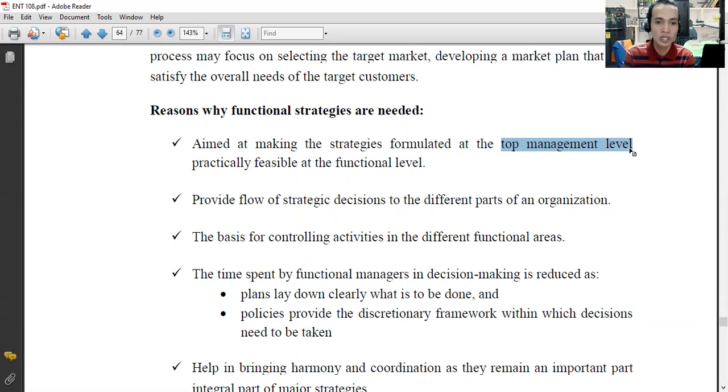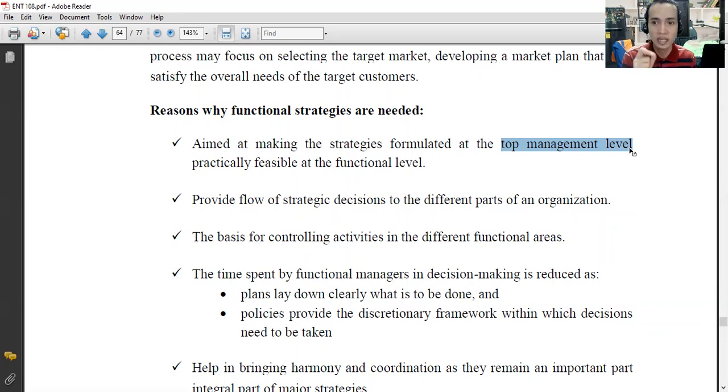The basis for controlling activities in the different level functional areas. Based on our previous discussion, we already know that the strategic management process has three major functions: number one, strategic formulation, number two, strategic implementation, and number three, strategic control.